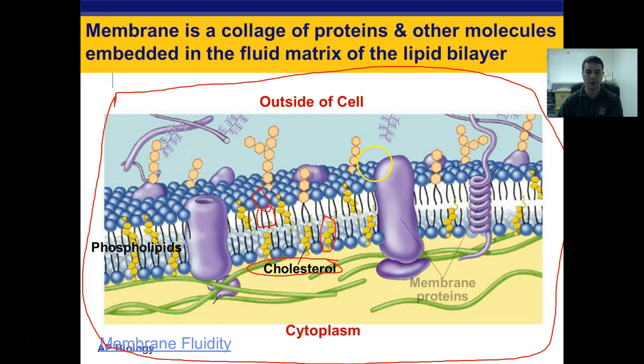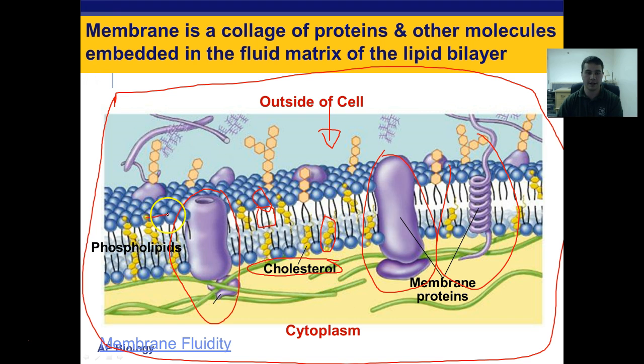Now you'll notice there's some purple things here, and these things right here, this thing over here, these are all membrane proteins, and these serve a number of different purposes. Some of them serve the purpose of taking in signals from the outside of the cell and then changing things around inside the cell to respond to that signal.